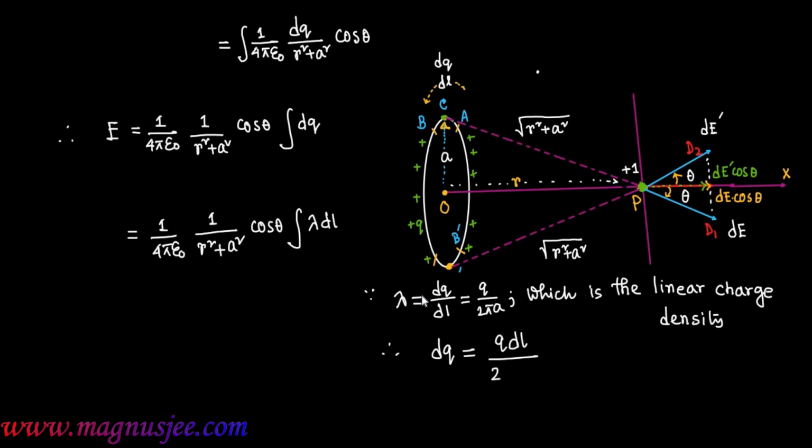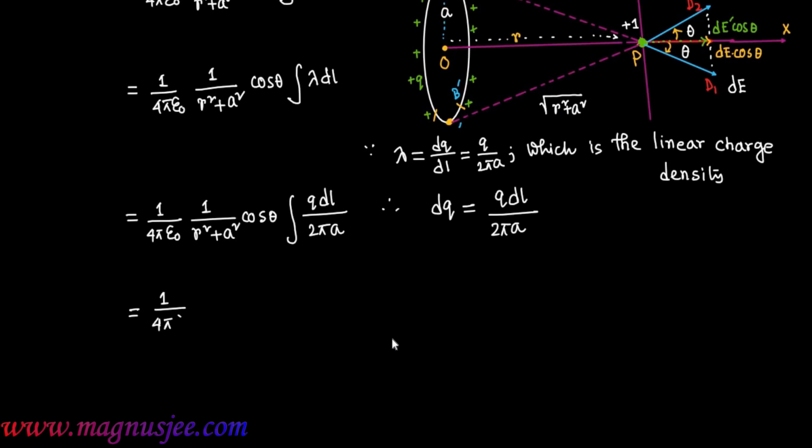Therefore, dq, the small amount of charge, equals q dl divided by 2 pi a, so this equals 1 by 4 pi epsilon 0, 1 divided by r square plus a square, cos theta, integration q dl divided by 2 pi a.